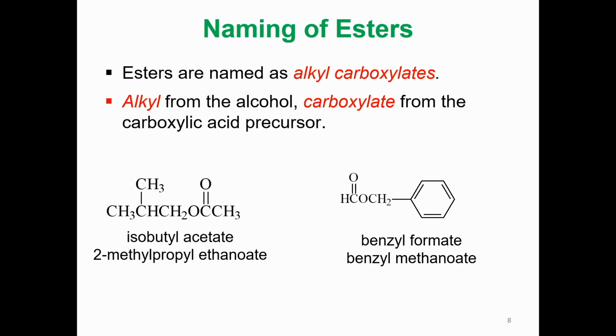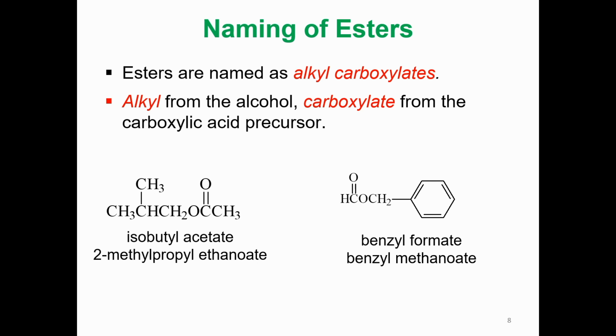It means that 2-methylpropyl is the alcohol aspect, while the acid is ethanoate. Looking at the next example, we realize that where we are getting our carbonyl is methanoic acid. So the alkyl is from benzyl alcohol. So that's why we're going to have benzyl methanoate.